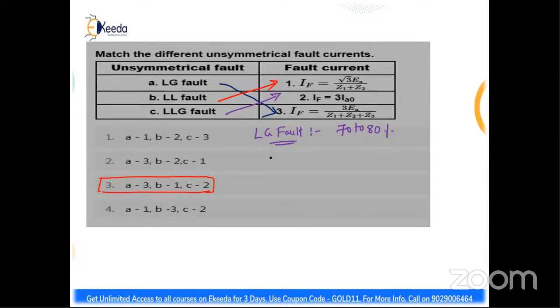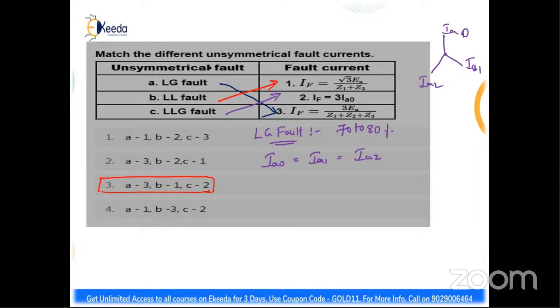Therefore, we can write like this: IA0 is equal to IA1 is equal to IA2, right? That is nothing but sequence 3. We know what symmetrical and unsymmetrical are, right? There is IA, IB, and IC, which we can write as IA0, IA1, and IA2.